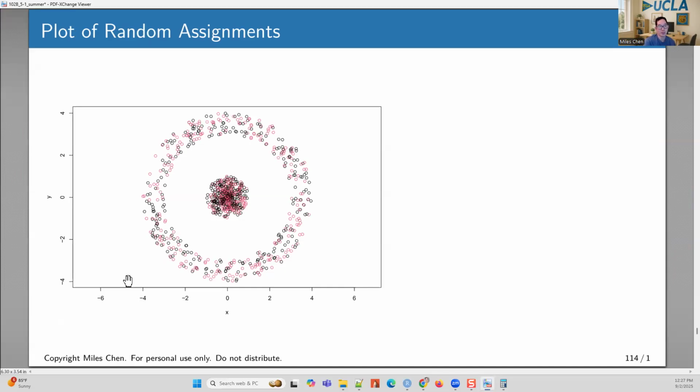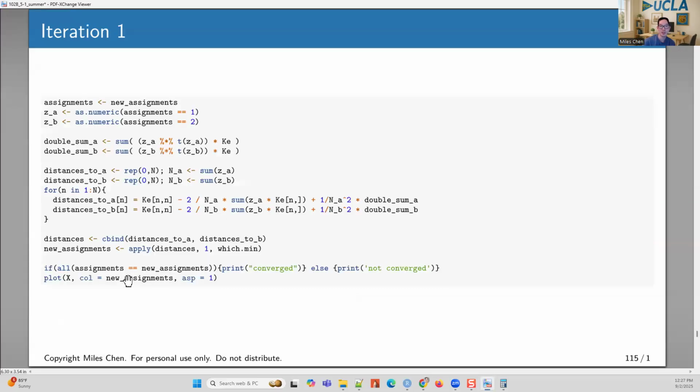Some points are assigned to cluster 1 and some to cluster 2, shown in black and red. Then we calculate the distance to each centroid based on the current assignments. Again, we don't know the actual location of the centroid, but we are able to get the distance to the centroid. And so we redo these assignments.